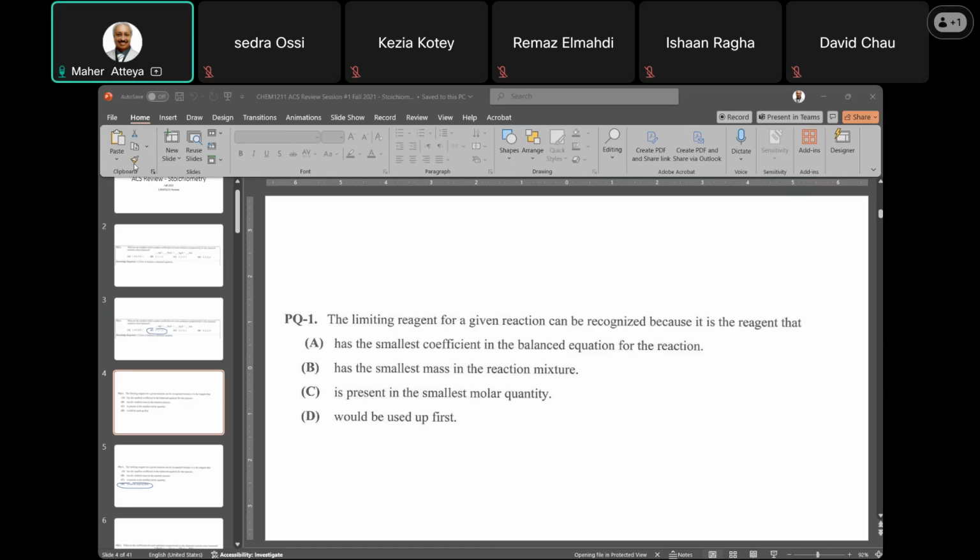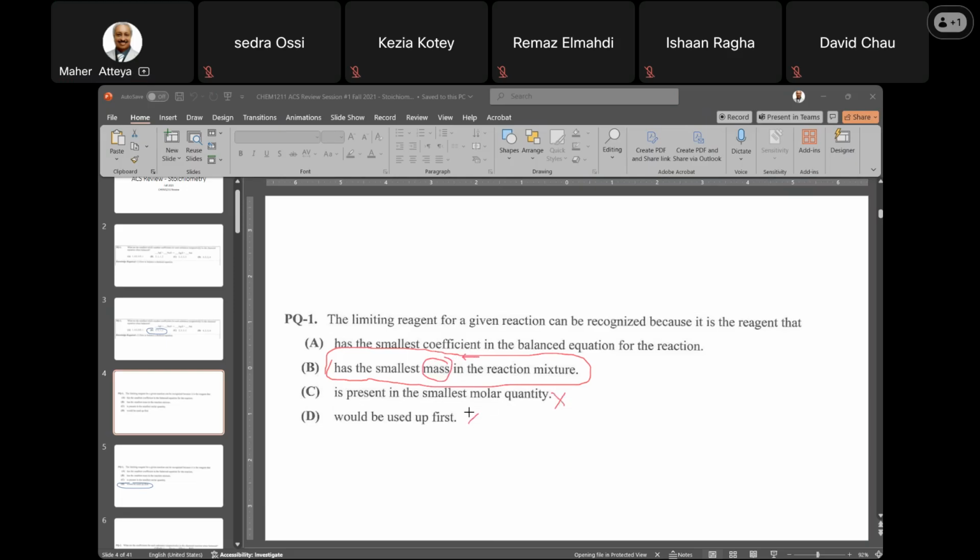But if this one were rephrased, smallest number of moles, that would be correct. Mass, you can give the grams, but the grams can tell you nothing. So anyway, this one is not correct.